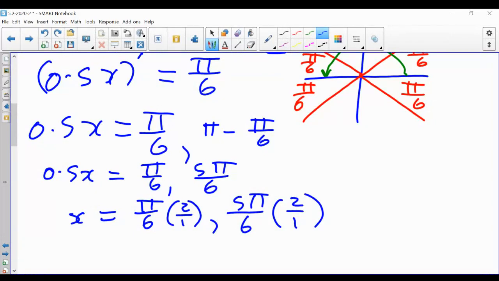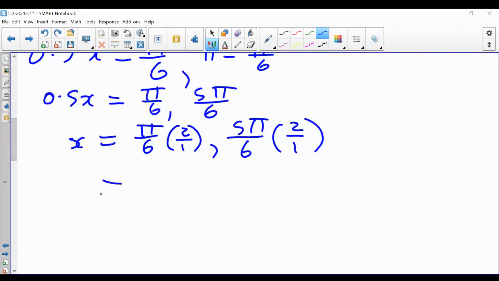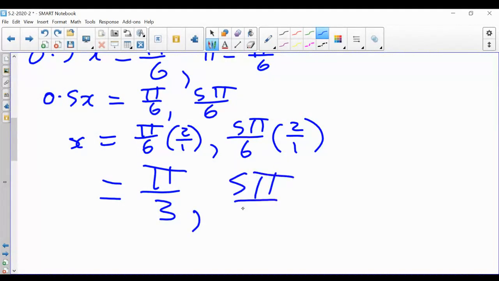And then that gives us our answer, if you reduce that down, of pi over 3 in one case, and 5 pi over 3 in the other. I'm just reducing it down to its lowest terms. Does that make sense to everybody? Want to make sure you're good with that before I go any further.